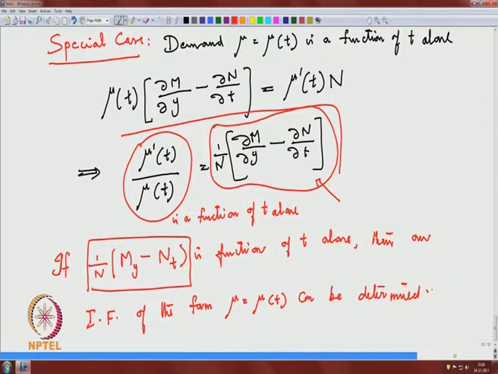You can do that. This can be done even when mu is a function of y; you will get something else here.